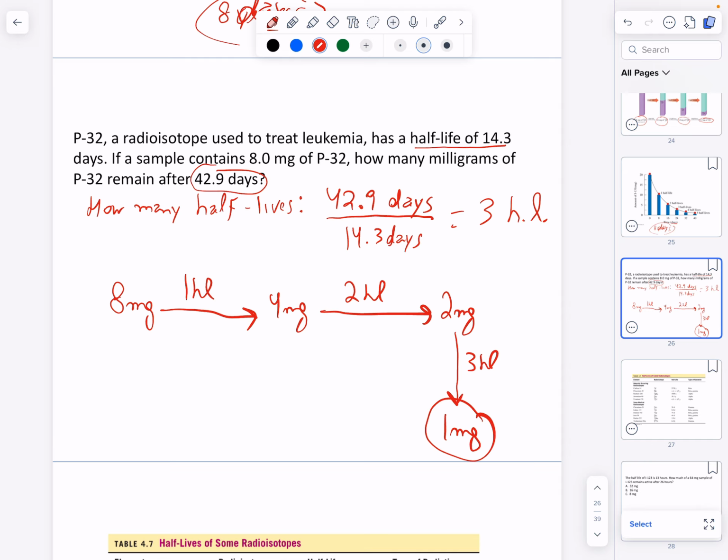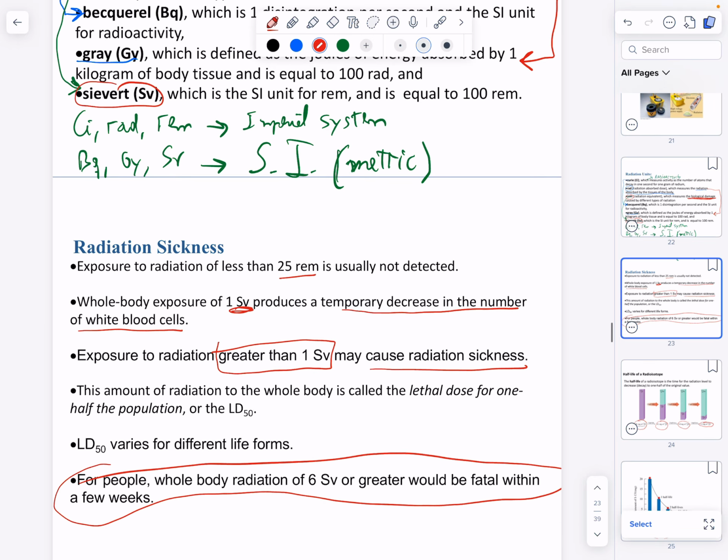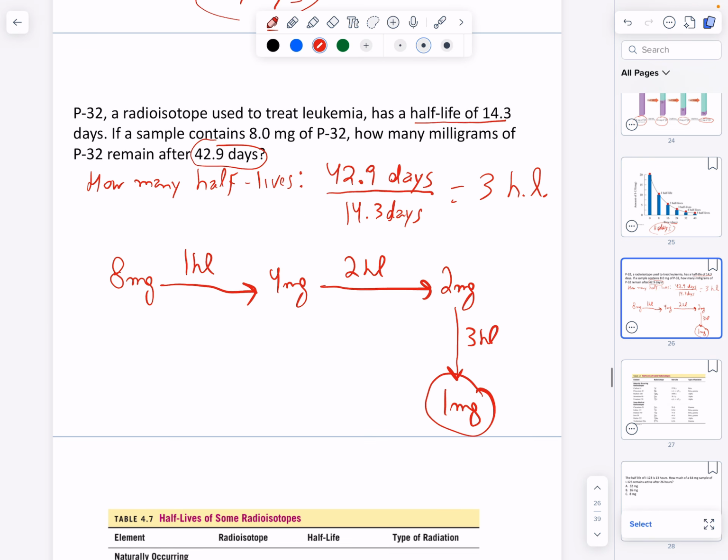Because as I said here, the exposure to radiation starts producing a temporary decrease in the number of white blood cells and causes radiation sickness. For that reason, when you have some kind of radiation treatment, you don't want a big half-life.